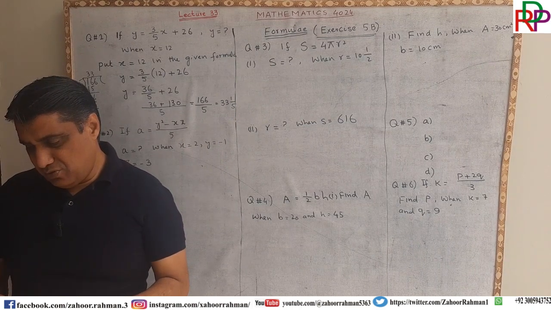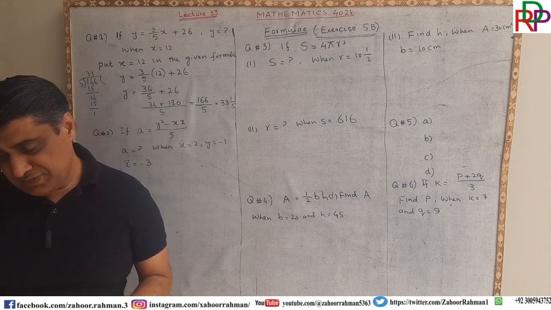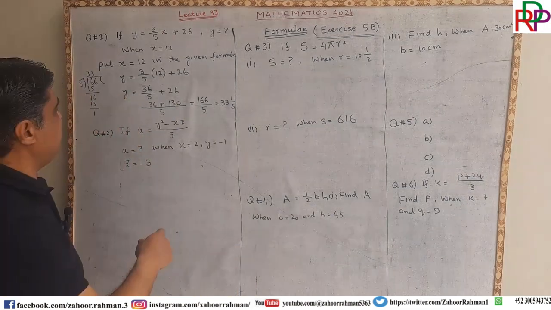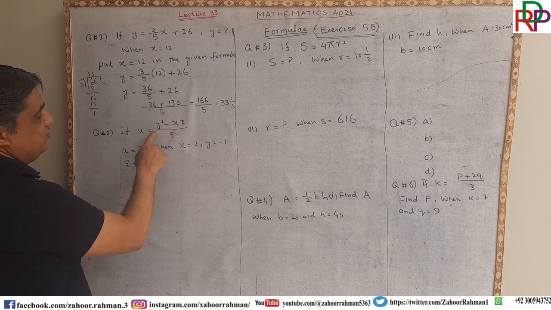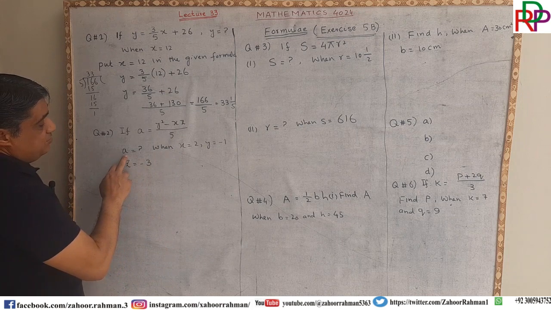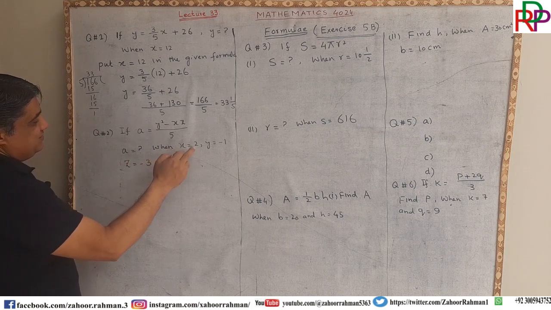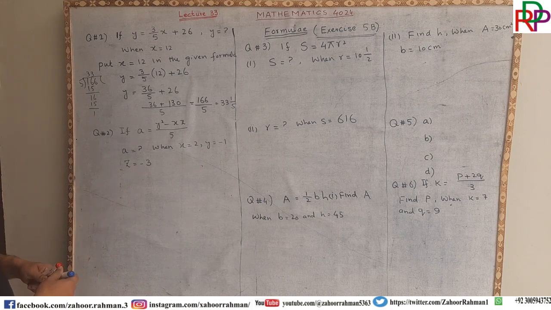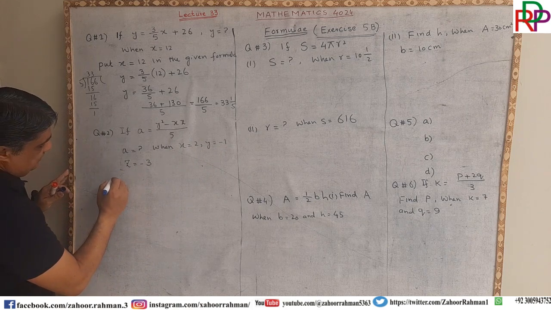Now the second question is saying that if a is equal to y square minus xz whole divided by 5, find the value of a when x is equal to 2, y is equal to minus 1 and z is equal to 3.